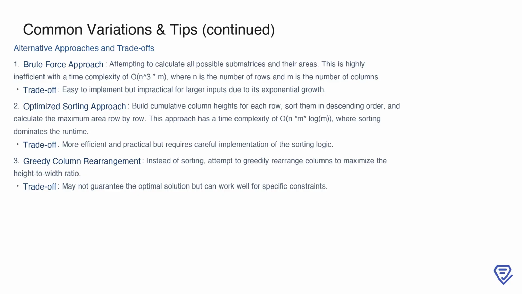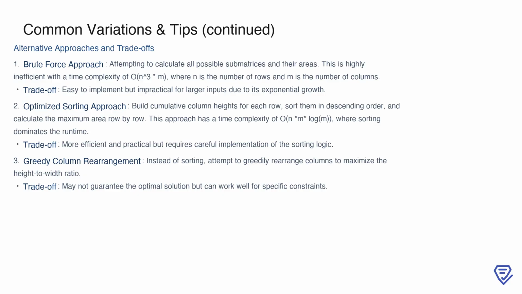Finally, let's explore some alternative approaches and their trade-offs. A brute force approach involves calculating the areas of all possible submatrices. While it's straightforward to implement, it's highly inefficient, with a time complexity of n^3 * m, where n is the number of rows and m is the number of columns. This makes it impractical for larger inputs due to its exponential growth. A more efficient method is the optimized sorting approach, where you build cumulative column heights, sort them in descending order for each row, and calculate the maximum area row by row.